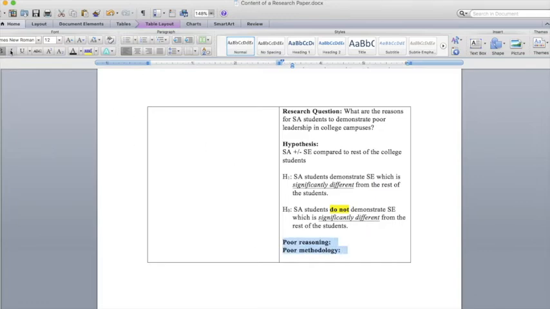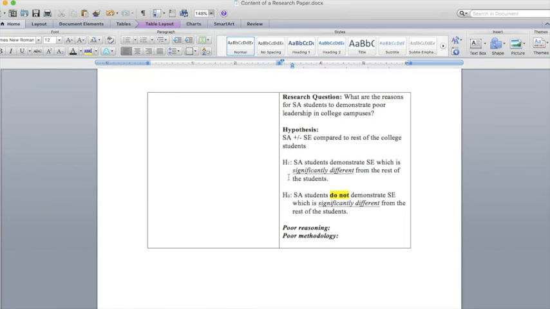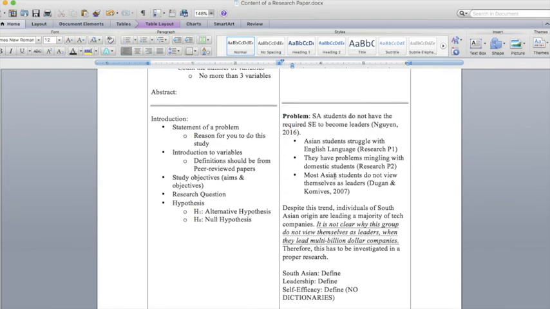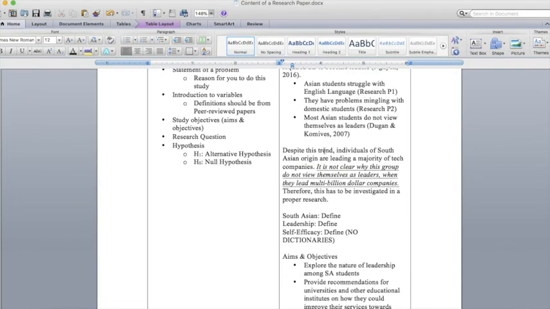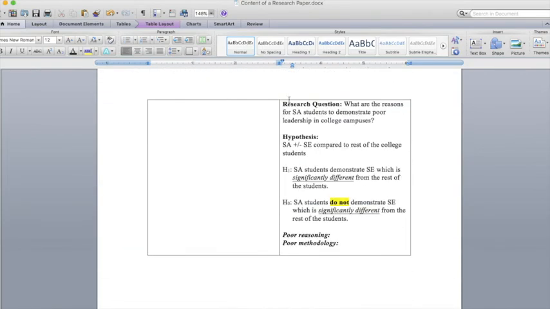So you have to read well before you start the research, right? If it agrees with you as you expected, then you are accepting your alternative hypothesis, right? So this is basically a prediction that you are making. Now at this point we haven't started the research because we are still in the introduction, right? We gave the problem, we gave the aims and the objectives, research question this time.